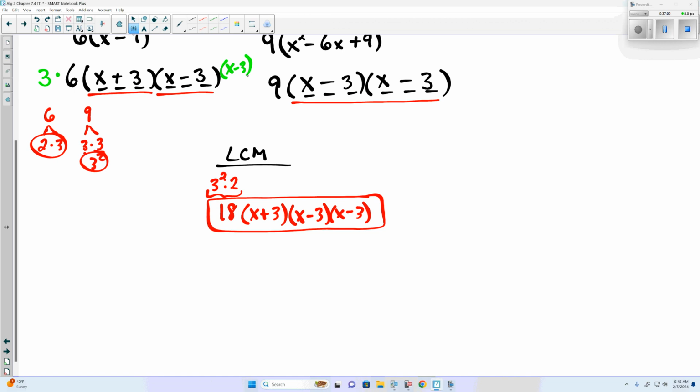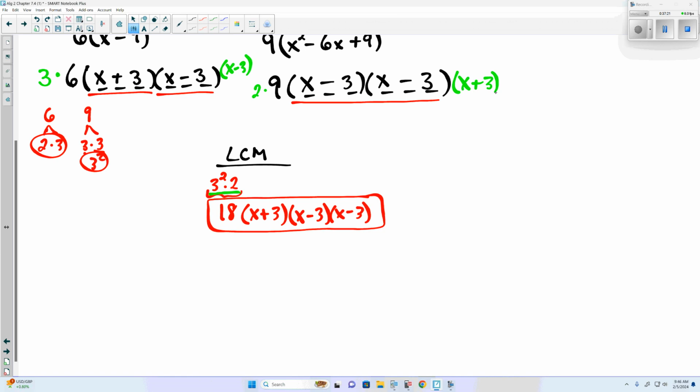The one on the right, we'd have to multiply the 9 by our 2, and an x plus 3 to get them to be the same. Because that's what this least common multiple is telling us. It's telling us the smallest thing that we can make both denominators be without causing issues.